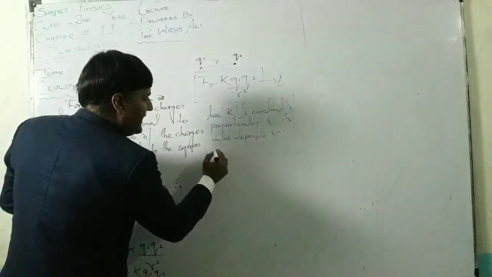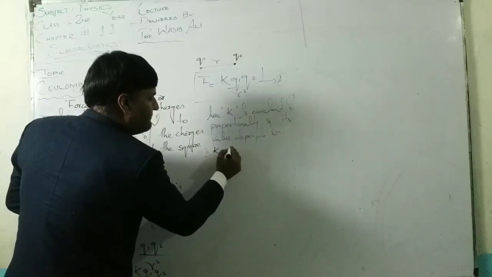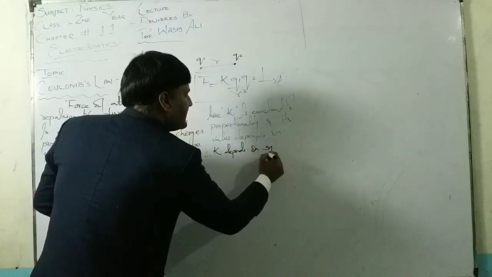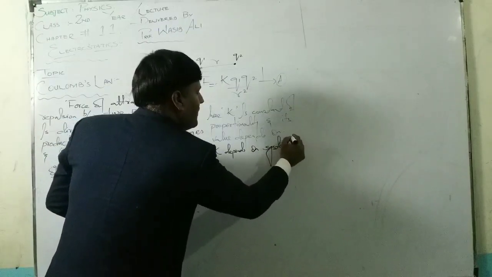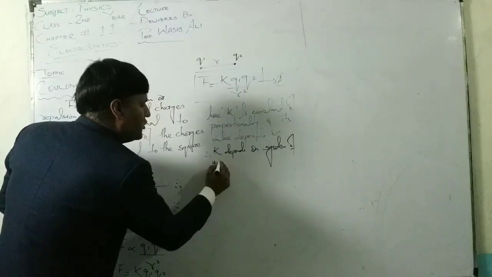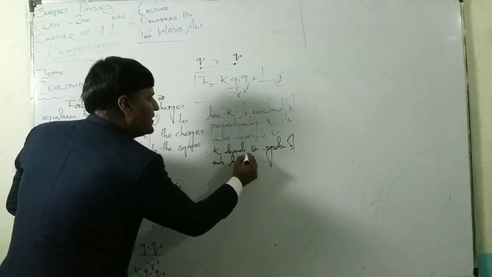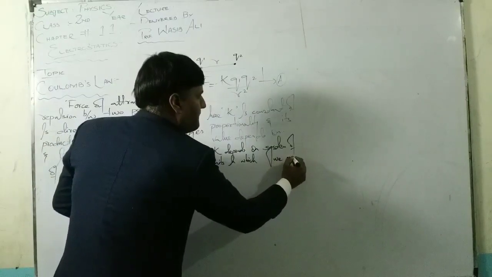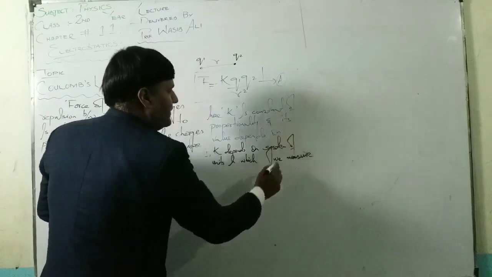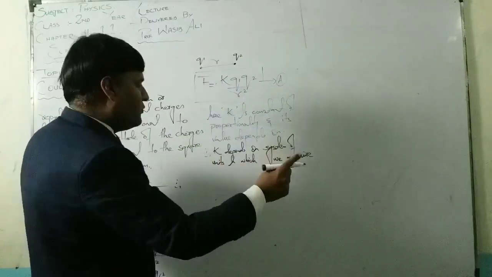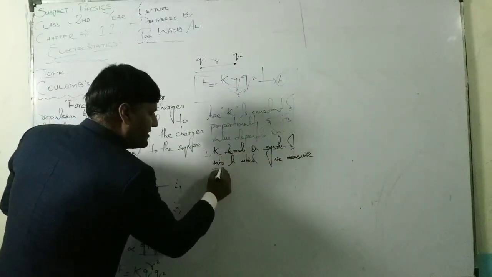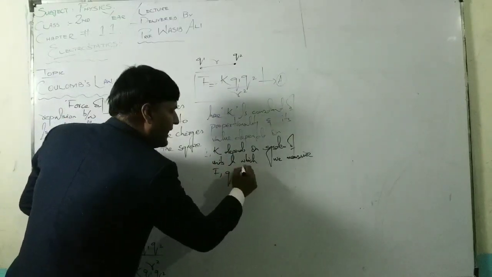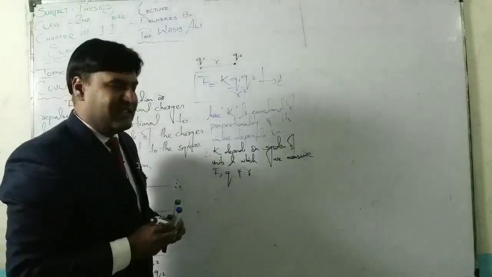So number one, K depends on the system of units in which we measure force, Q, charge, and R, distance between the charges.